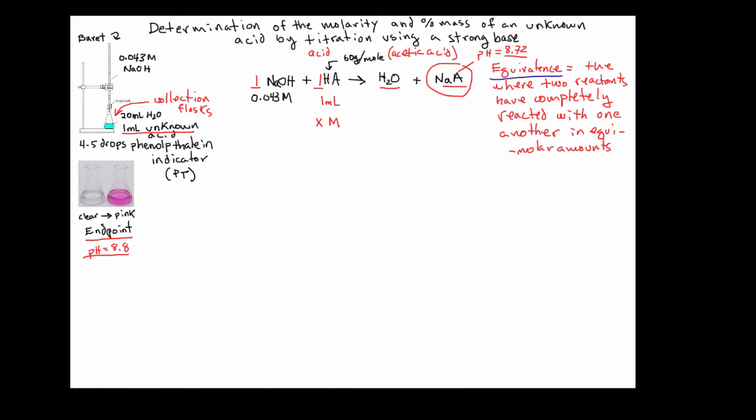So we add sodium hydroxide to our unknown solution that contains a 1 milliliter sample of a carefully pipetted unknown acid. And we go ahead and we do the titration, and we hit our end point. We come to that pink point after dispensing 18.2 milliliters of the sodium hydroxide solution.